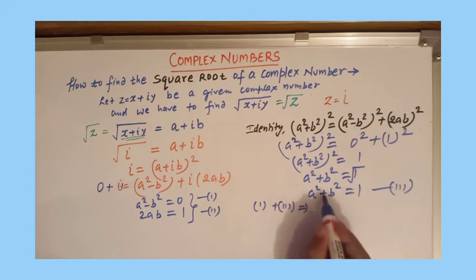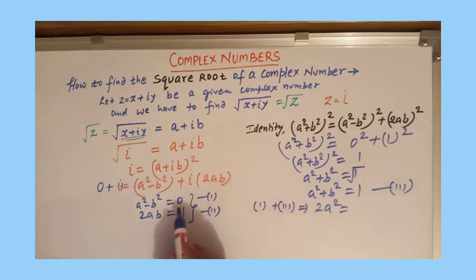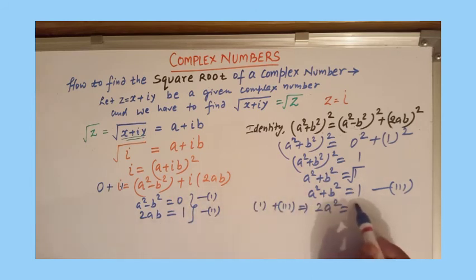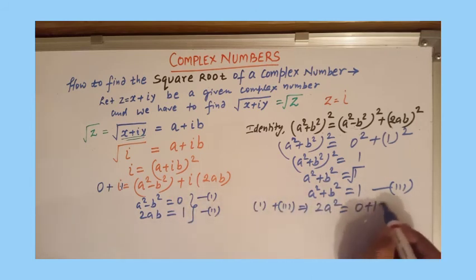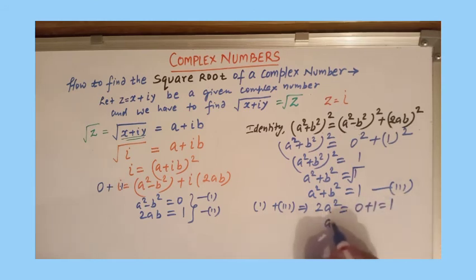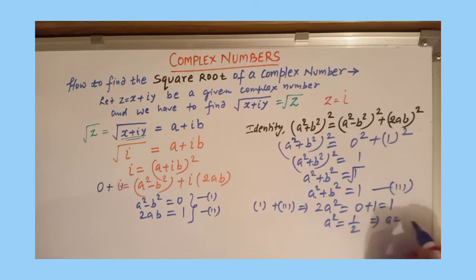Now let us solve equations 1 and 3. If we add these two equations, we have 2a square is equal to 0 plus 1, that is 1, and a square is 1 over 2. This implies that a is equal to plus minus 1 over square root of 2.